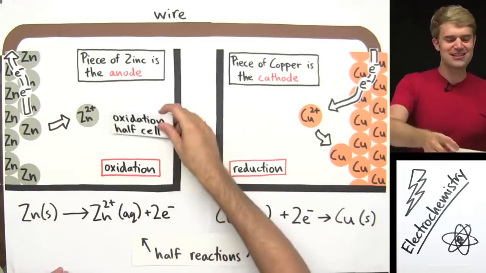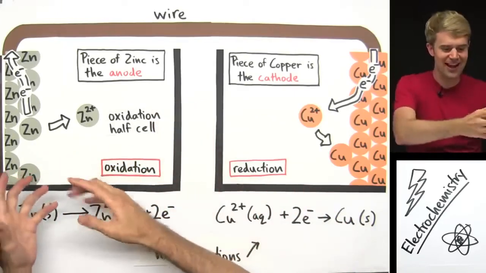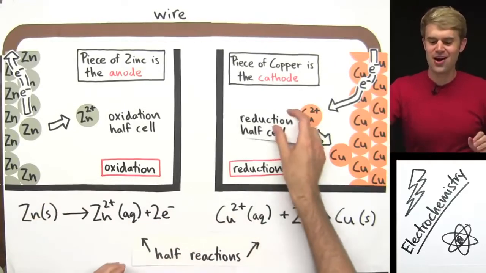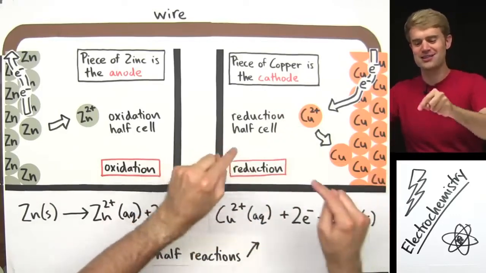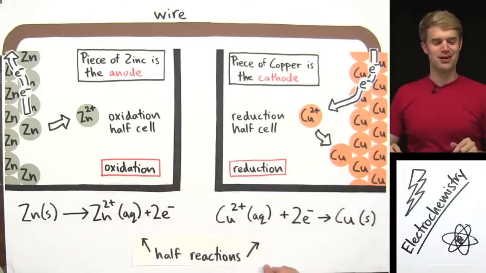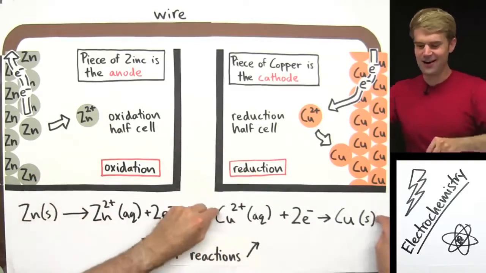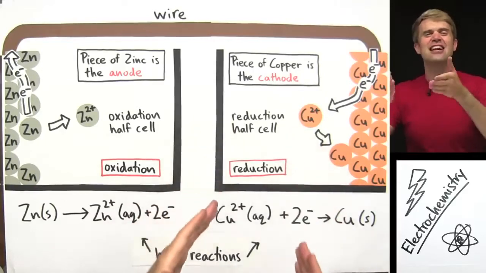We call this the oxidation half cell. It's half of the voltaic cell where the oxidation is taking place. And we call this the reduction half cell. It's half of the voltaic cell where reduction is taking place. And it is these half reactions that show what's going on in each one of the half cells.